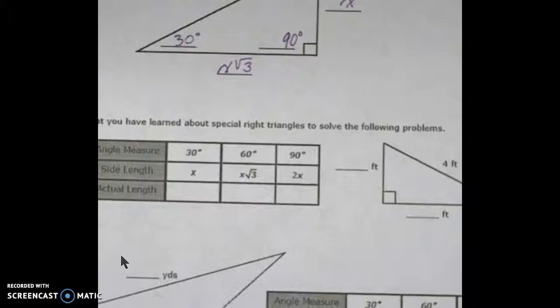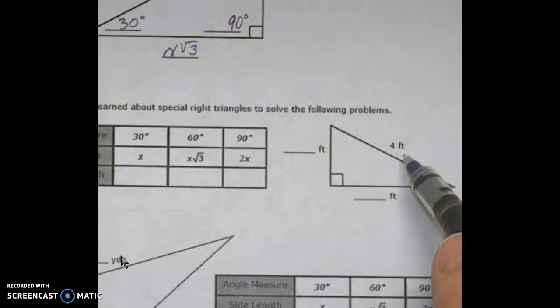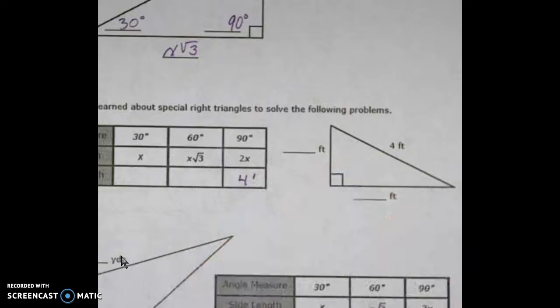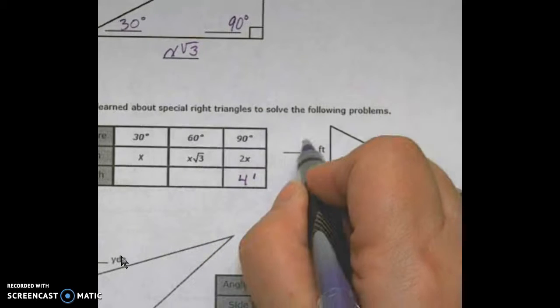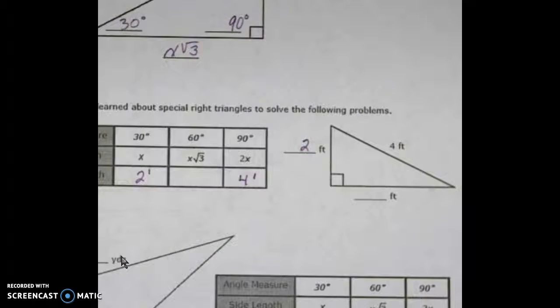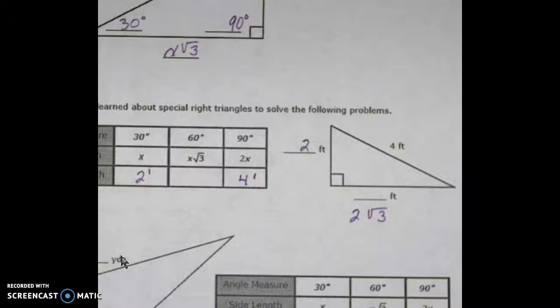When I use this information to solve problems, I'm given the information that the hypotenuse of my 30, 60, 90 degree triangle is 4 feet. I can put that into my chart. I know that the short side has to be half as much, or 2 feet. And I know that that medium side, or the longer leg, is the short side 2 times the square root of 3.